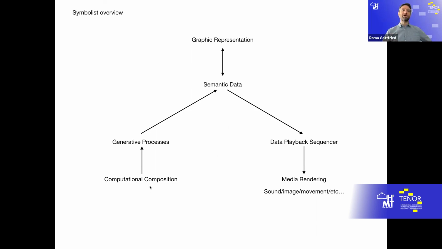That could be, for instance, generated from some kind of generative process, computer-aided composition. So that comes into the system via the semantic data: the pitch, duration, things that describe the meaning of the symbol. Then the definition in Symbolist maps between the meaning and the graphic representation. And separately, the meaning can also be sequenced and played back.